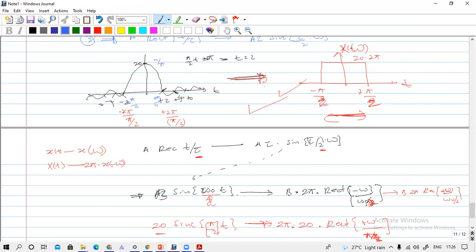So if this amplitude is A5, we have minus 5A to plus 5A.